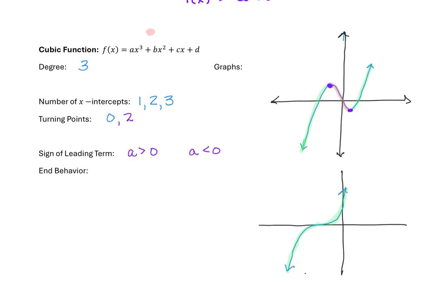And again, when we talk about end behavior, note that we can do whatever we want in between. It can be all crazy. But when we talk about end behavior, when A is positive, we do still have these 2 branches here that are always going to be the same. So if A is positive, we have down and to the left, up and to the right.